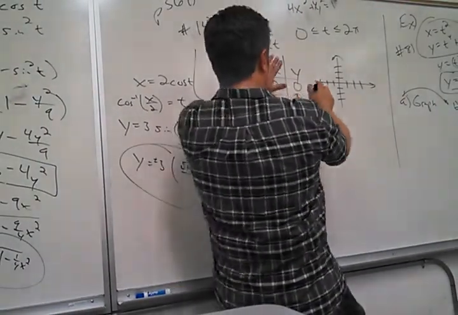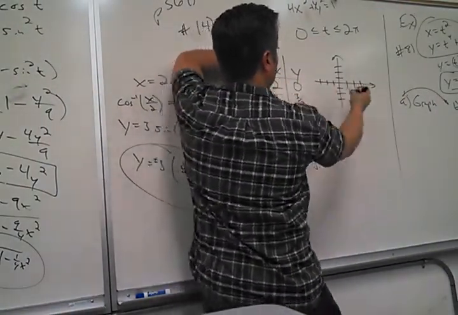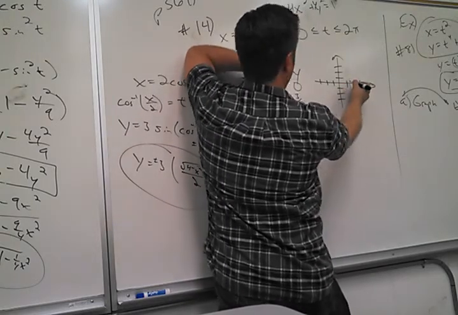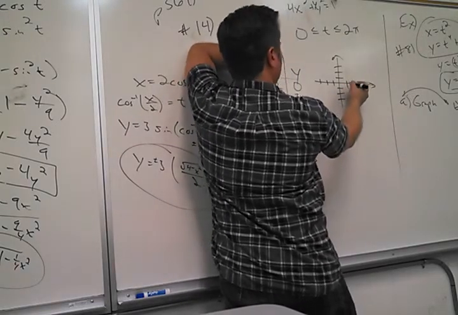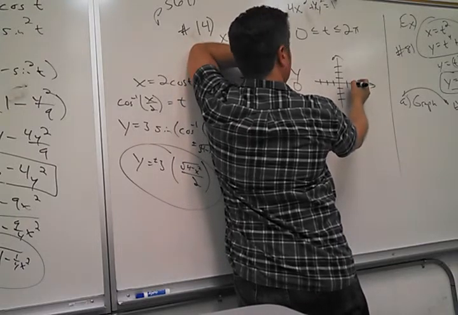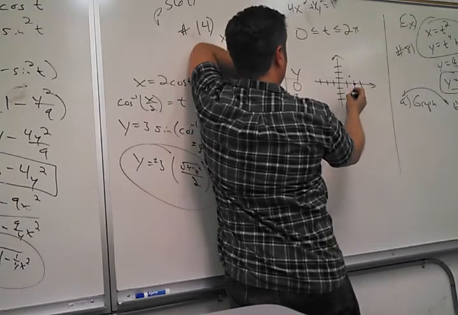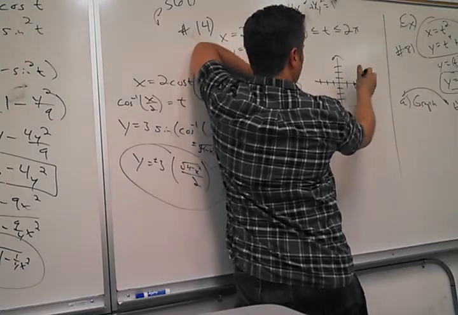But here, so what do I got to get? Now I focus on xy. 2, 0. Root 3 is like, what is that? 1.7 something. 3 halves. Root 2 is 1.4.